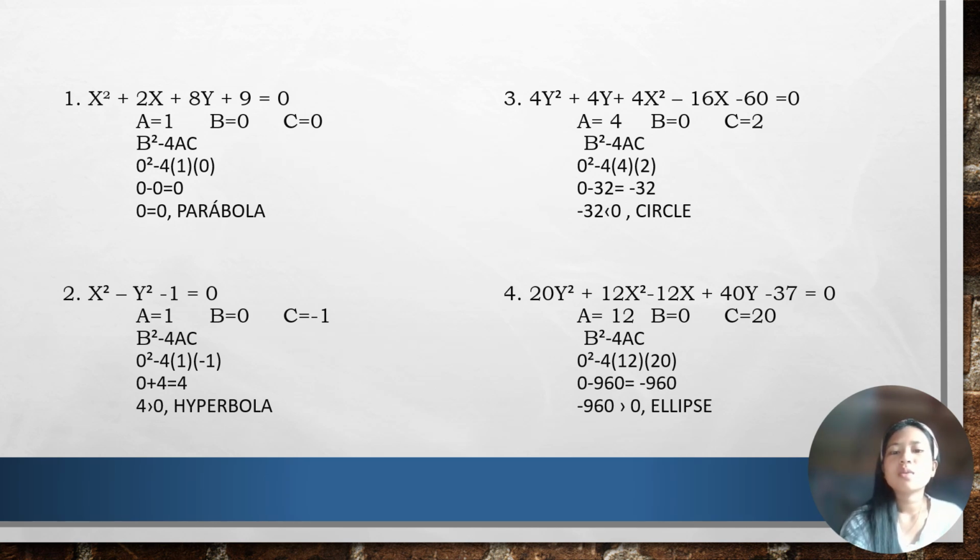So 0 squared minus 4 times 12 times 20. 0 squared is equal to 0, minus 4 times 12, negative 48, times 20 is negative 960. 0 minus 960 is equal to negative 960, in which negative 960 is less than 0. It is ellipse. So I hope you understand and you learned from this tutorial.